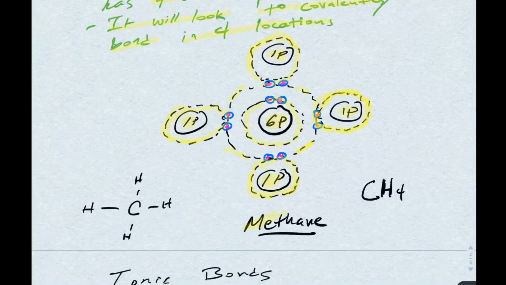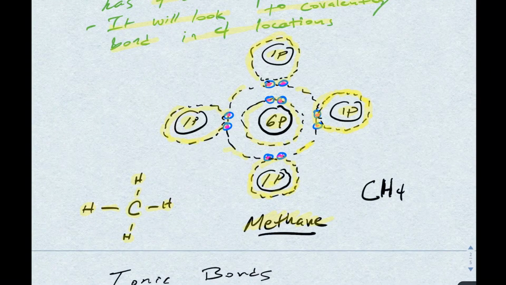This is methane. It's what it looks like when we draw it out. And we can shorthand write it with the carbon in the middle, these dashes showing the 2 electrons in a covalent bond, and there's 4 of them. And of course, we're bonding the carbon to hydrogen, which we draw out with the letter H. And you can see that that's how it looks like.